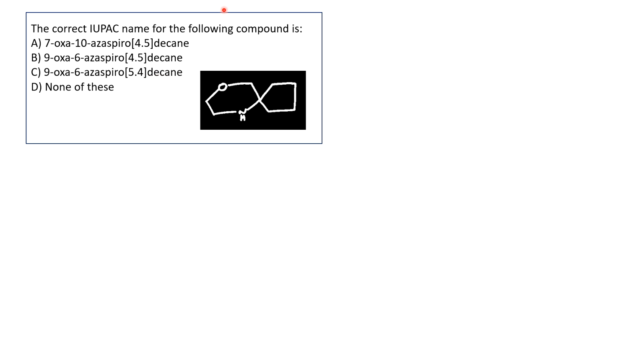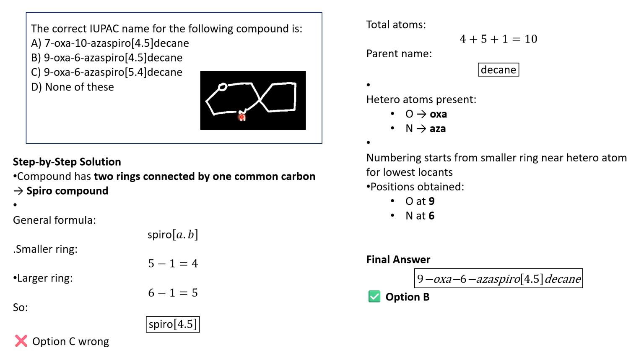Okay, now count the total atoms. Here 4 for the smaller ring, 5 for the larger ring, and 1 is the spiro atom. So the total is 10 atoms, and for 10 atoms the parent name becomes decane. Oxygen is represented by oxa and nitrogen is represented by aza.